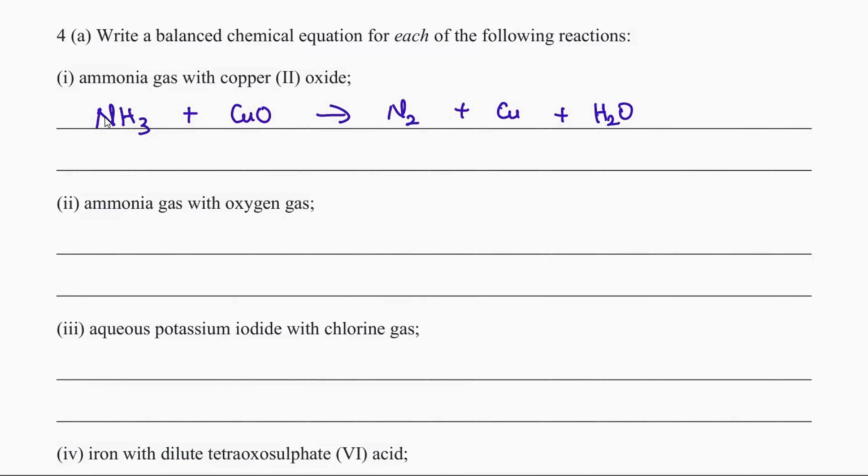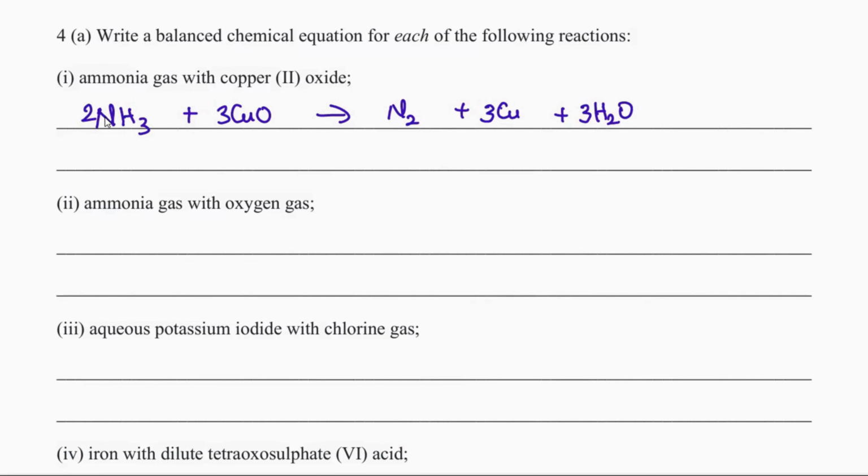In balancing this equation, our nitrogen is not balanced, so we balance it this way. Our hydrogen is also not balanced, so we make it 6 in the products by adding a 3 here. Our copper is balanced, and we have 3 oxygen in the reactant, so we make it 3 in the products, and our copper also will be influenced here.